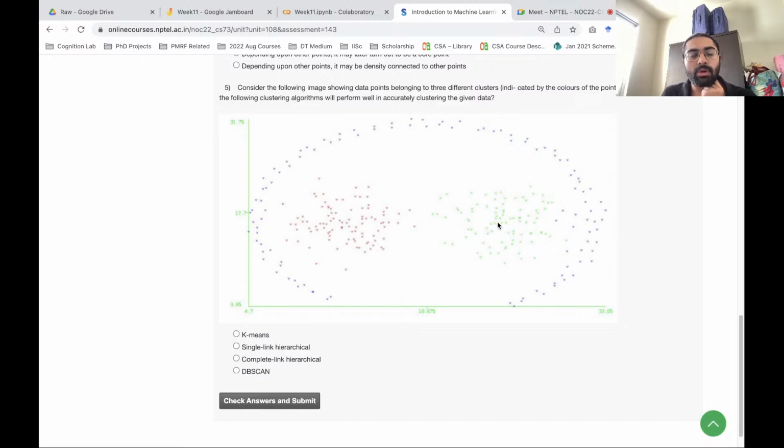If you were to use any of these algorithms, which would you think would perform well on this sort of data set? For the red and green points, DBSCAN would perform well because the density is greater in those areas. But I'm not sure. If we cluster red and green, the blue is automatically classified. So I think DBSCAN would work.